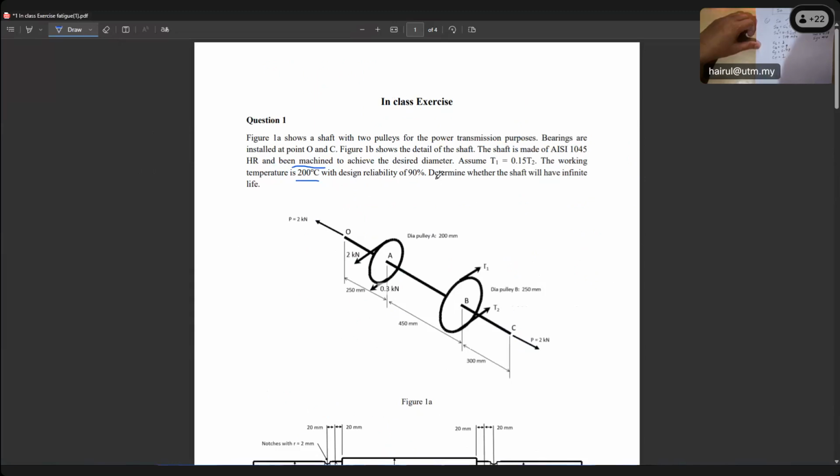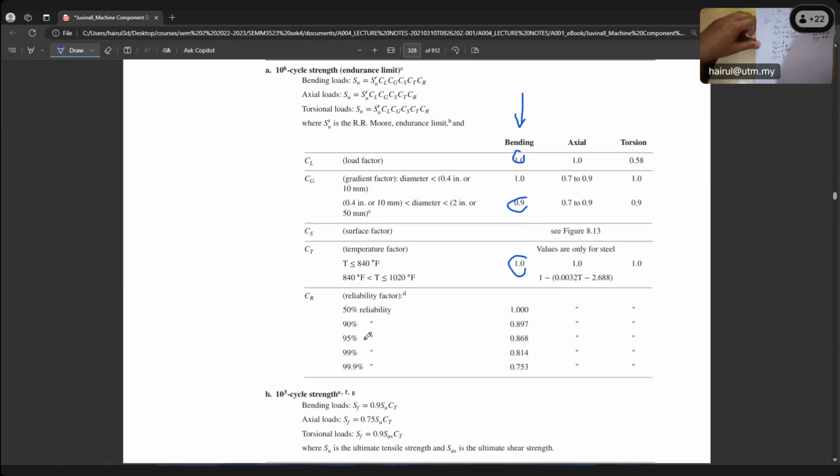Okay, reliability factor. What reliability does the question say? The working temperature is okay, temperature is 200, CT is 1. The CR reliability factor is for 90%. 90% here, right? So CR is 0.897.